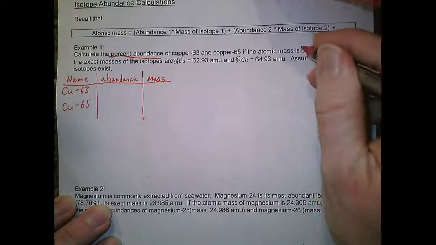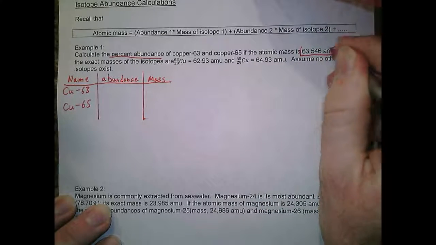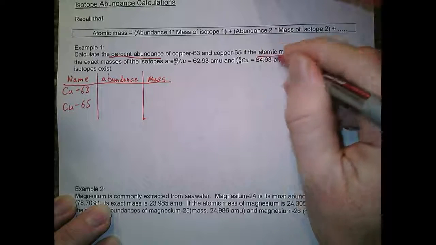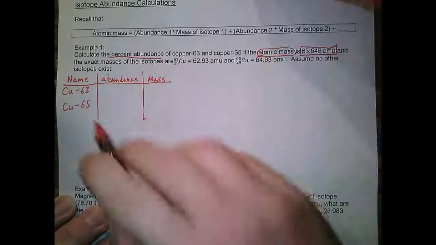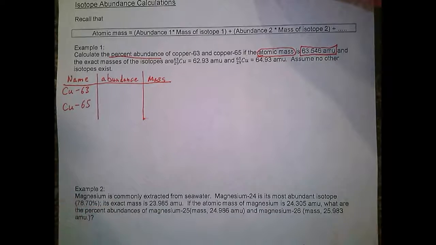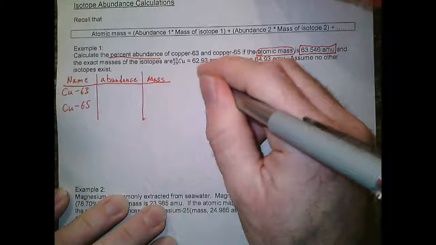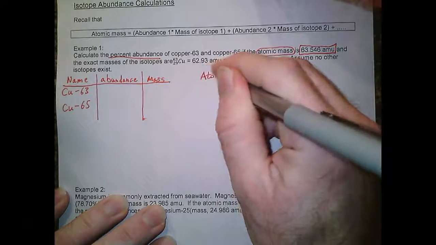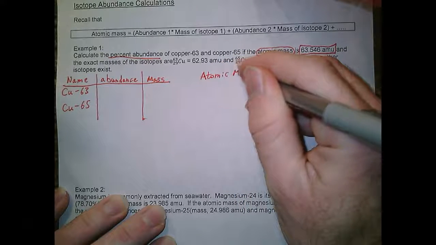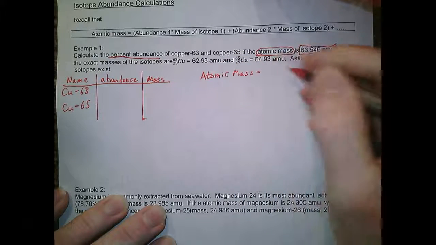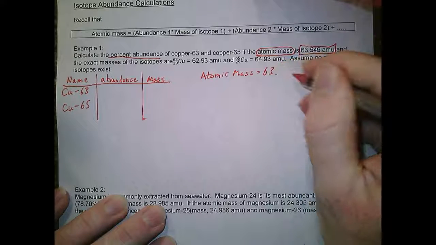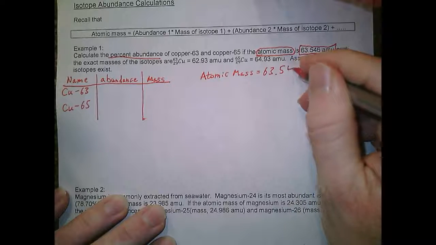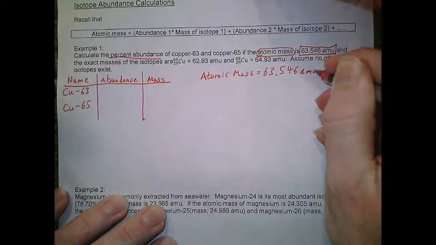If the atomic mass is this, well, there's our atomic mass. That's not the mass of 63 or 65, it's the atomic mass. So let's just write it over to the side. Atomic mass equals 63.546 AMU.